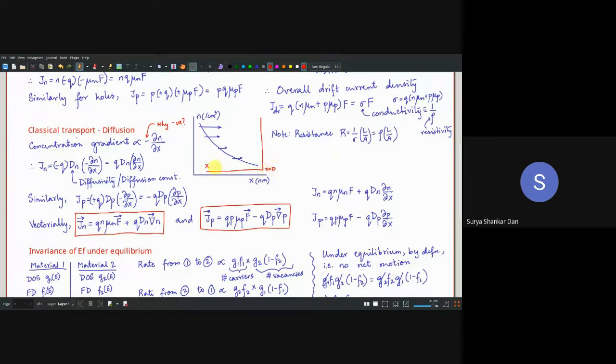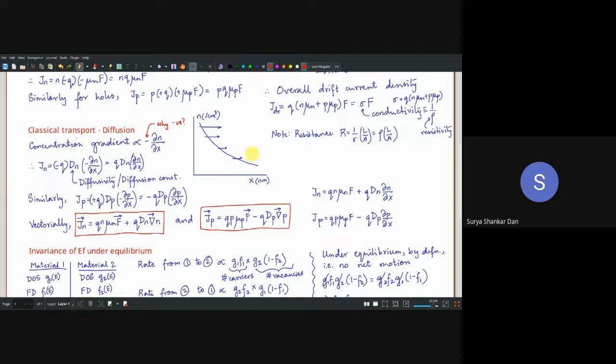This is all X is negative. The del X itself will become negative, right? So it is a choice of which axis you are choosing. But however, no matter what you do, you are always going to have a positive current if you are putting a negative over here. Okay, that's the whole point.